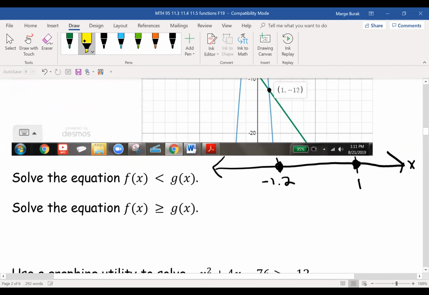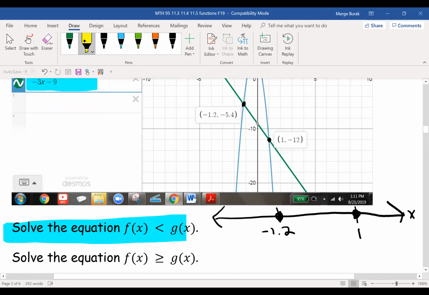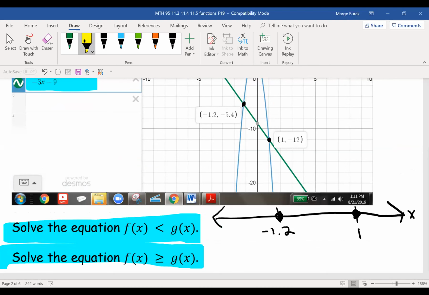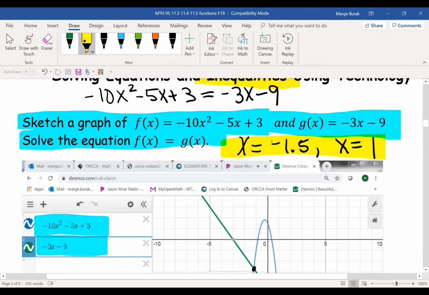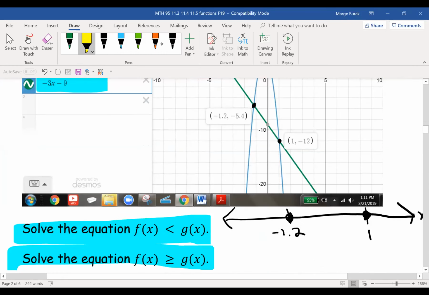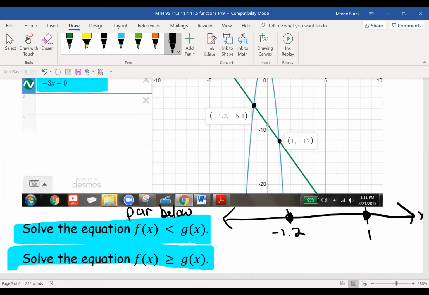Now, though, they want to know where is the function f less than g and where is the function greater than or equal to. Now, remember, f is our parabola. So I'm going to write that. Where is the parabola below, means less than, the line. That's what this means. Where is this below this?